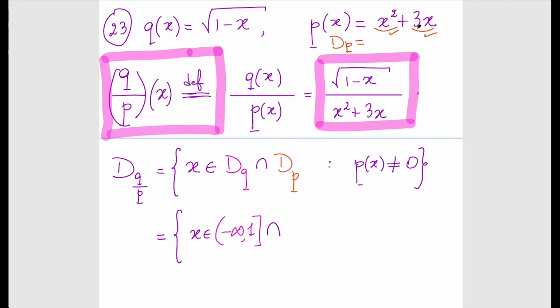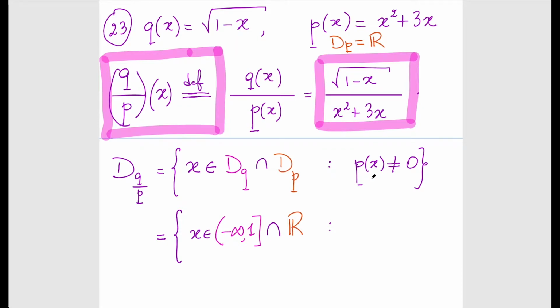So this whole expression, which is P of x, is meaningful no matter what x is, as long as it's a real number. So the domain of this function is all real numbers. Okay, so I'm going to replace D of P by boldface R, the set of all real numbers. That's the domain of P. Okay, such that P of x is not 0.